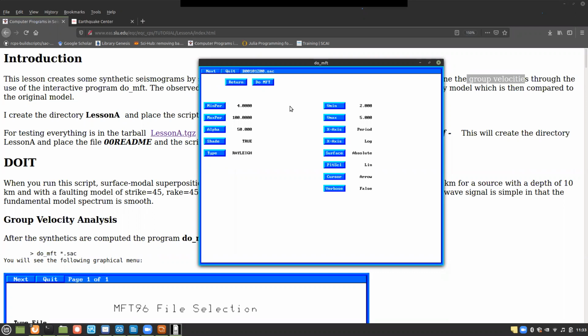And remember, we chose the Z component, okay? And if you remember the Z component, it has the P and SV, okay?